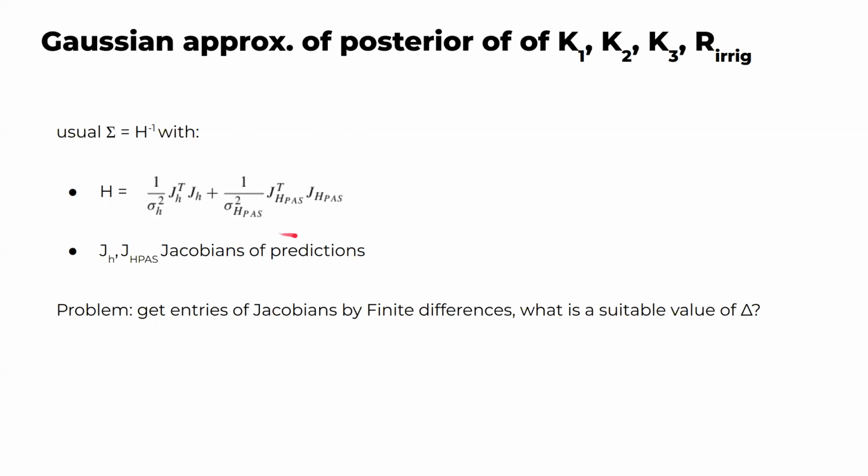One interesting side problem that we had is that to estimate Jacobians, you need to estimate gradients of the predictions of the model. That is done by finite differences. There was some work even in deciding what is a suitable value of the step to compute finite differences. Let's say MODFLOW is not super responsive.